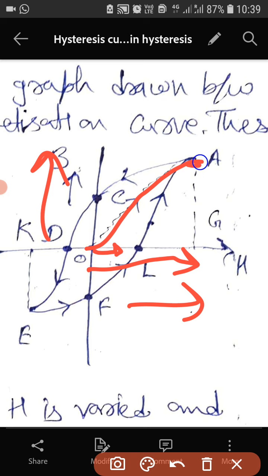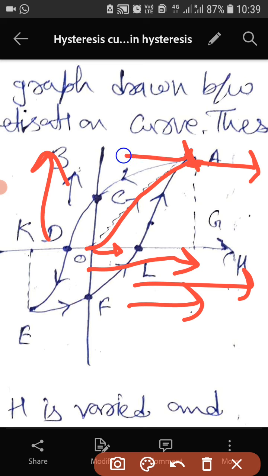If we further increase the value of H, there will be no increase in the value of B. That's why we call this point the saturation point, the point at which B is maximum.